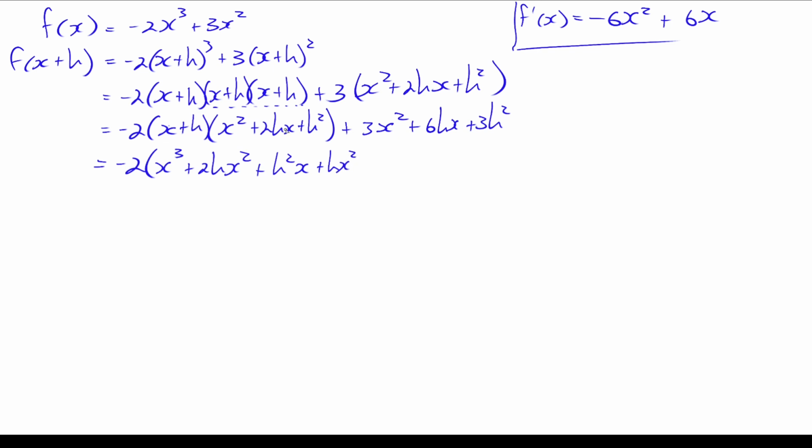This times that gives me positive 2h squared x. And that one gives me h to the power of 3, plus 3x squared plus 6hx plus 3h squared. Ugh, what a mess. Let's do this.